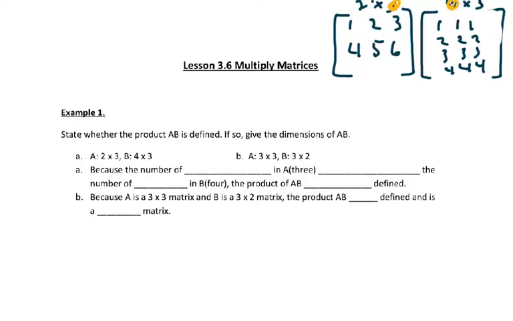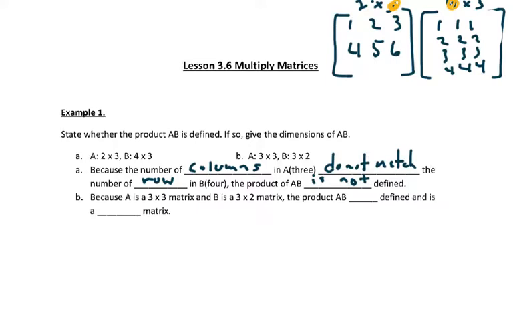So let's take a look at our first example up here. Part A: because the number of columns in A, which are 3, do not match the number of rows in B, which is 4, the product AB is not defined.